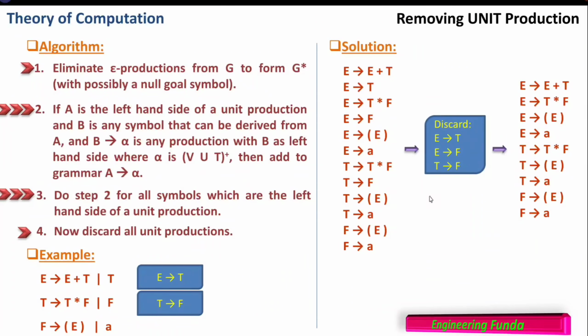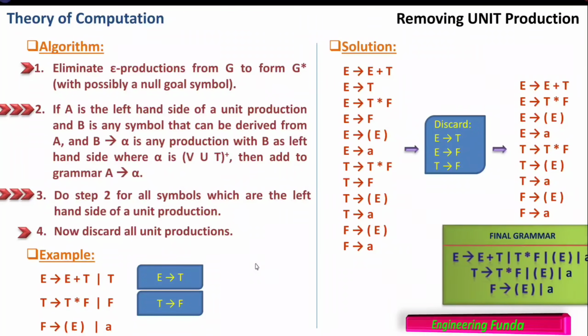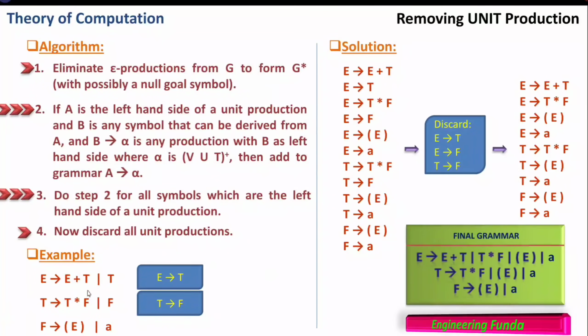So from 12 productions, we discard these 3 unit productions and are left with 9. The initial grammar, E tends to E plus T or T, T tends to T star F or F, F tends to bracketed E or A, will become E tends to E plus T or T star F or bracketed E or A, T tends to T star F or bracketed E or A, and F tends to bracketed E or A. This grammar is free from unit productions.